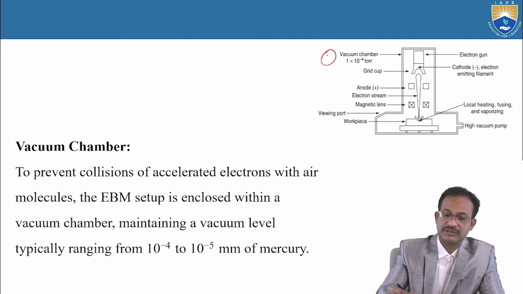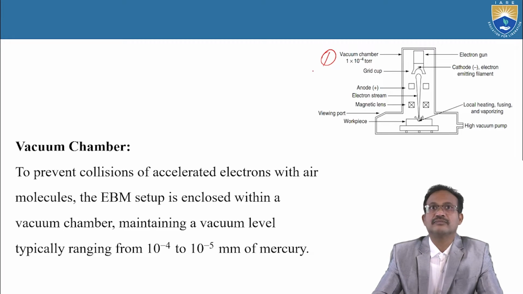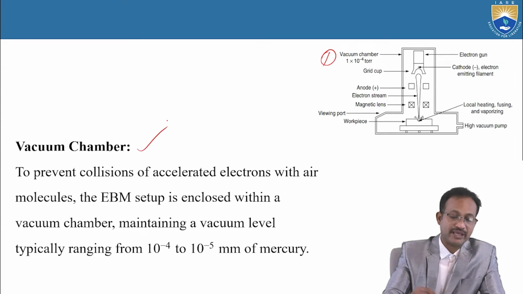Now, the vacuum chamber. This is what I told in the beginning, but in terms of importance, the electron gun would be the first point. However, the entire setup is inside a vacuum chamber casing.